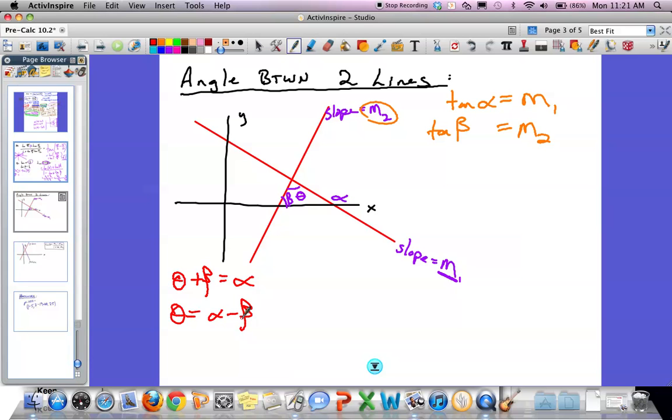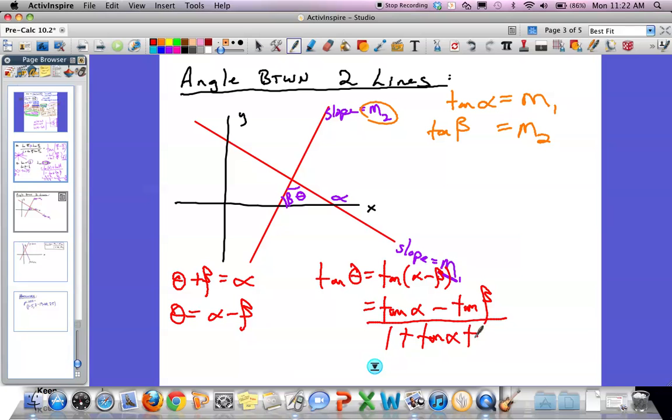The tangent of theta, which is the tangent of alpha minus beta, will be the tangent of alpha minus the tangent of beta, all over 1 plus the tangent of alpha times the tangent of beta. So if you have two lines, we can always find the angle at which they meet.